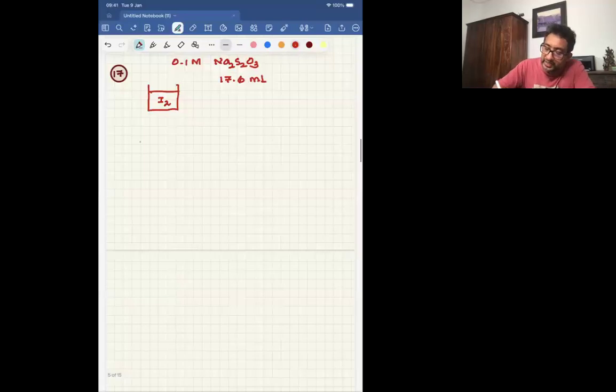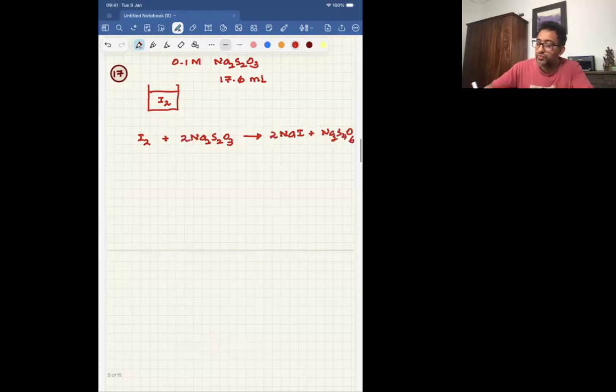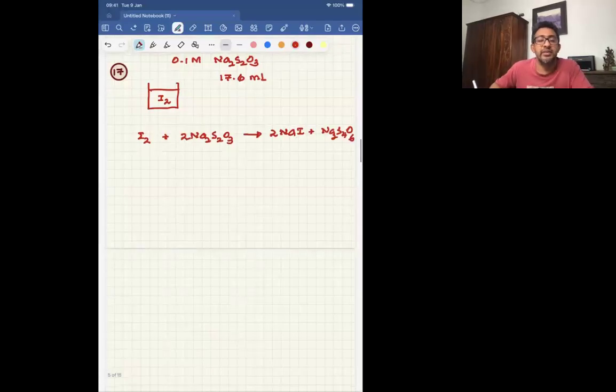Right now, you all know iodine and thiosulfate. Na2S2O3, thiosulfate. Iodine turns into I minus, sodium iodide, NaI. Thiosulfate turns into tetrathionate, Na2S4O6. Tetrathionate. This is 2. This is 2. 2 times 2, 4. So that is your reaction.